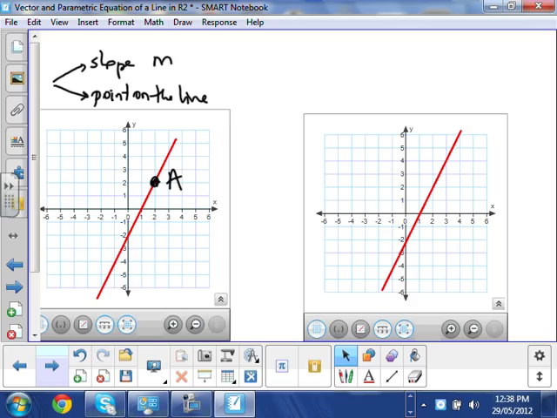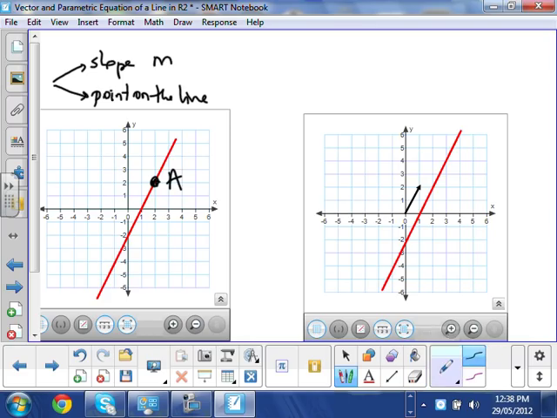Good. Now, how do I take these elements from grade 9 and do the same thing using vectors? First of all, I need to talk about steepness. Guess what's going to give me the steepness? The steepness will be given by a vector that has the same direction as the red line.